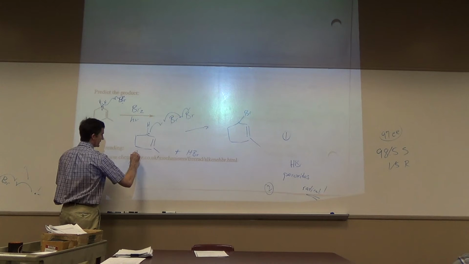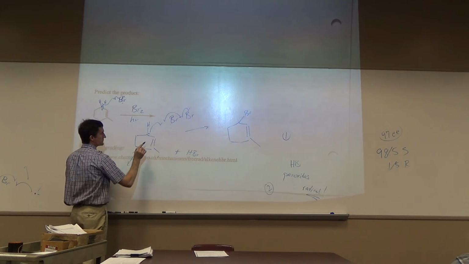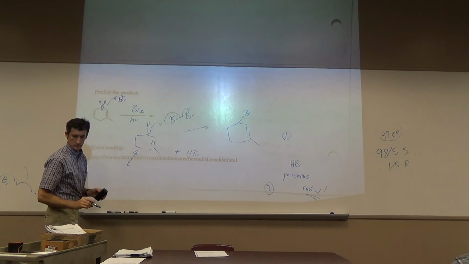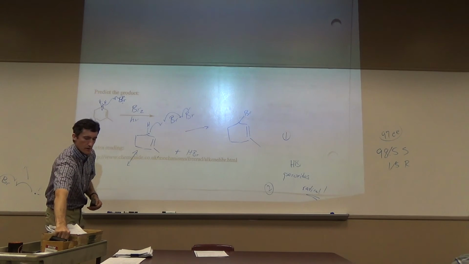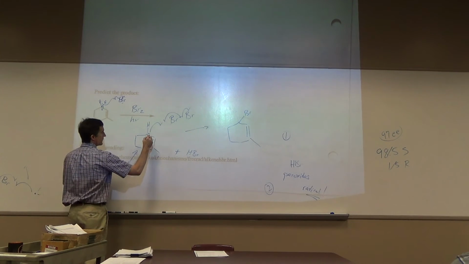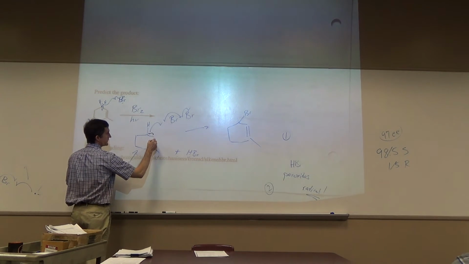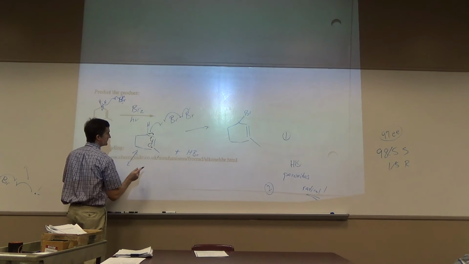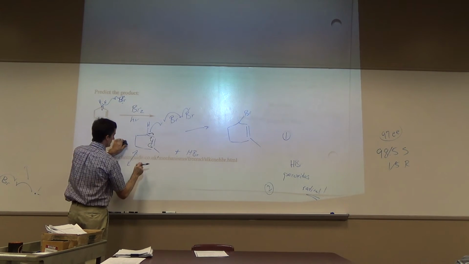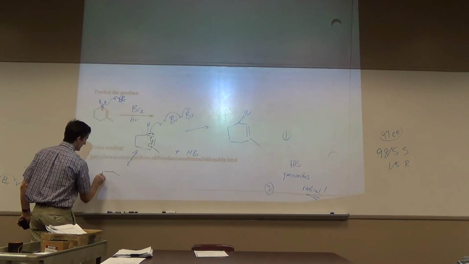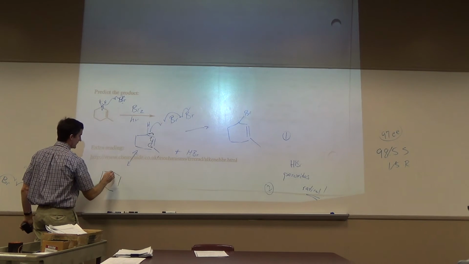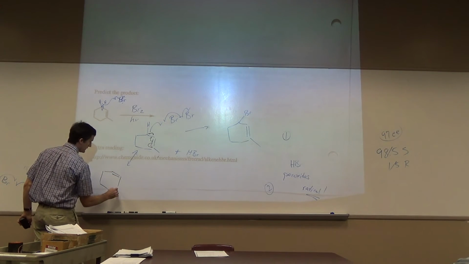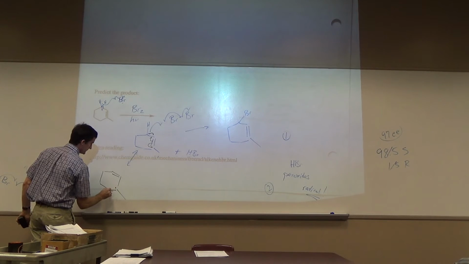Because we could do resonance here, where this electron comes here, one of these comes here, the other one comes here. Pi bond here, radical there.